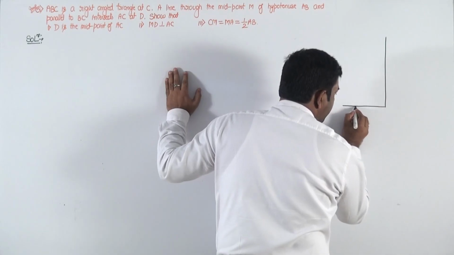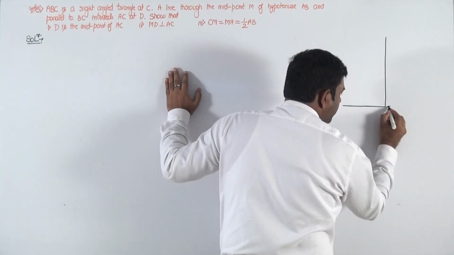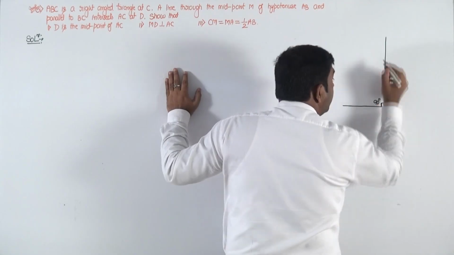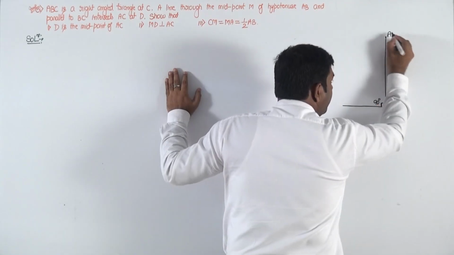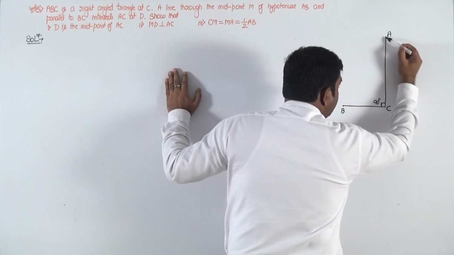ABC is this triangle, right angled at C. So this is angle C. This angle is 90 degrees. This is vertex A, this is vertex B. So ABC is this triangle.